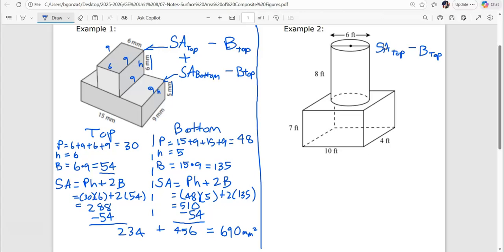And then for this bottom one, once again, it's the surface area of the bottom, but you're going to subtract this missing circle, which is the base of the top still, not the bottom, right? The base of the top is the circle. Okay, so once again, split it into top and bottom.